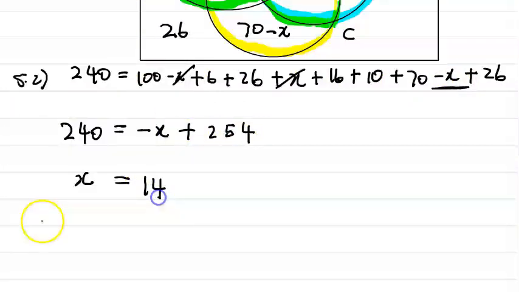So x equals 40. Therefore, the number of learners who play rugby and cricket is equal to 40.